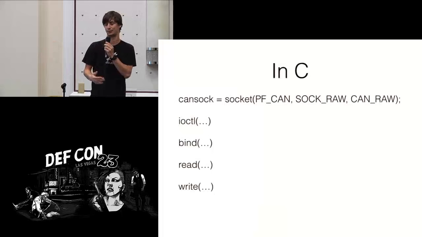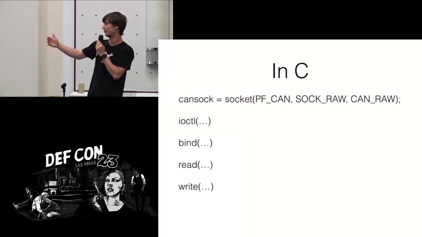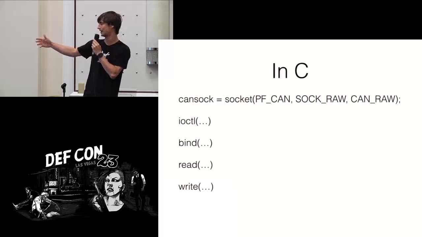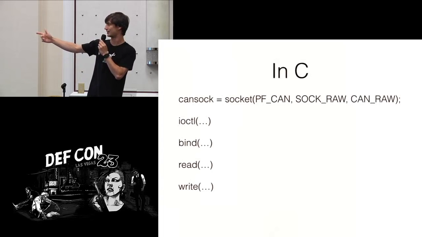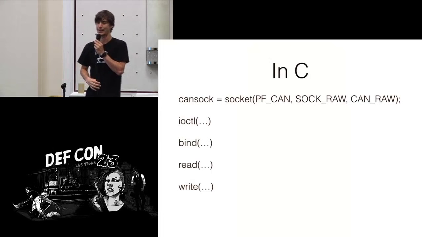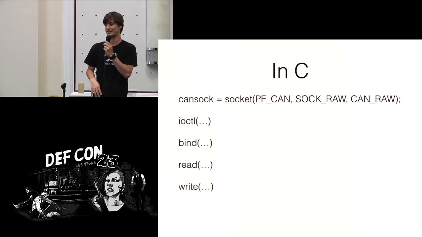The difference being where normally you would specify I want an inet socket and I want it to be a UDP datagram and I want these flags, this will get you a CAN socket that is a raw CAN socket, which means you get direct access. There's also a mode called BCM, which is meant to deal with queuing, and it's meant to take the work off of the user space application and do more of it in the kernel space. I haven't worked with it too much.